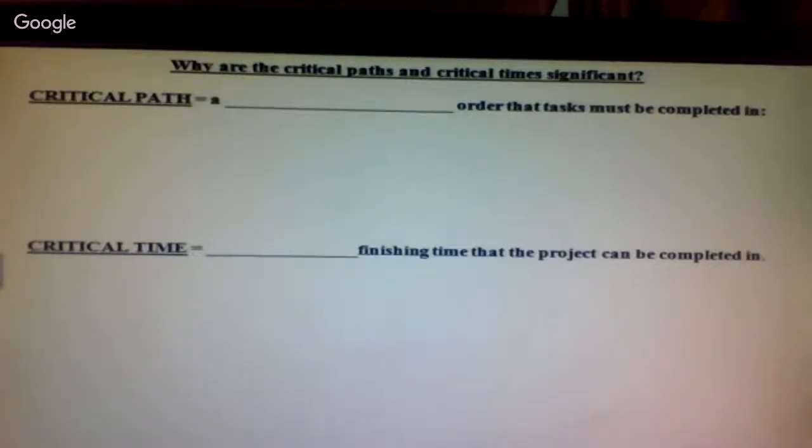So why are these paths and times significant? Well, a critical path is a specific order that tasks must be completed in.